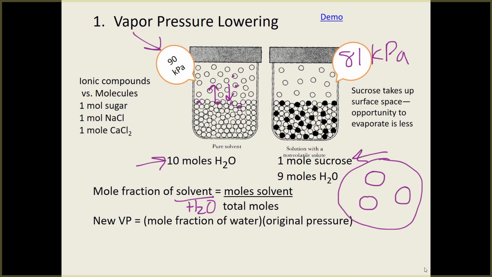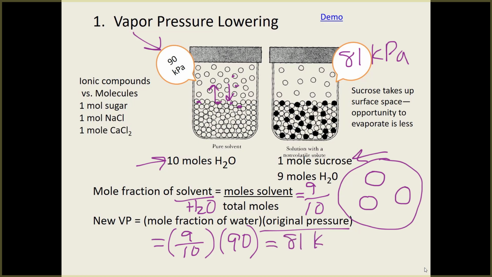Looking at the problem just above, we take the 9 moles divided by the total moles, which is 10, and then you multiply that mole fraction of water by the original pressure. So 9/10 of 90 is my new vapor pressure for my solution. When we multiply this out, we get 81 kilopascals.